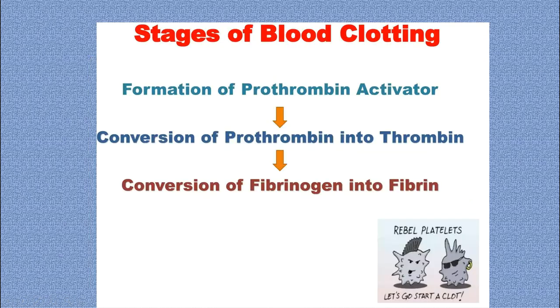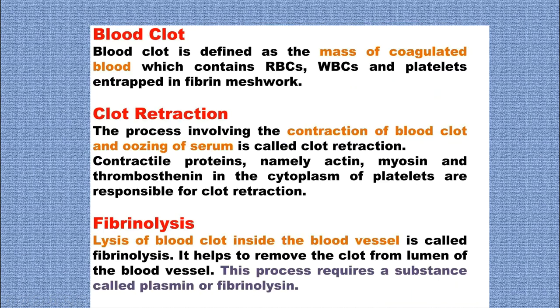The stages of blood clotting are continuous: prothrombin activators convert prothrombin into thrombin, and ultimately thrombin converts the fibrinogen into fibrin. Then there will be blood clot retraction, and also fibrinolysis once the process is over.